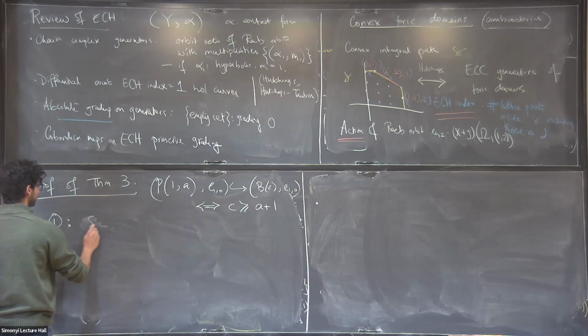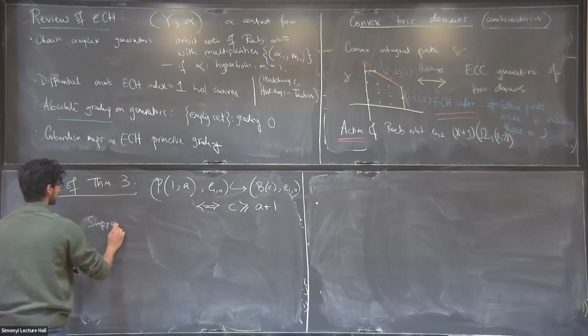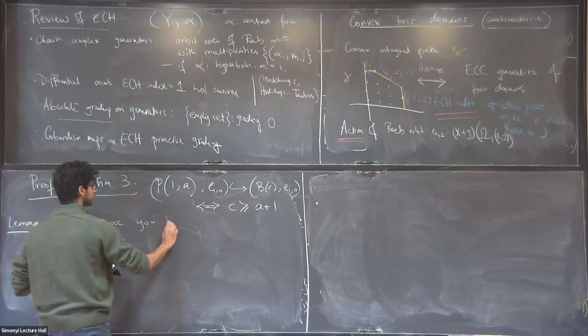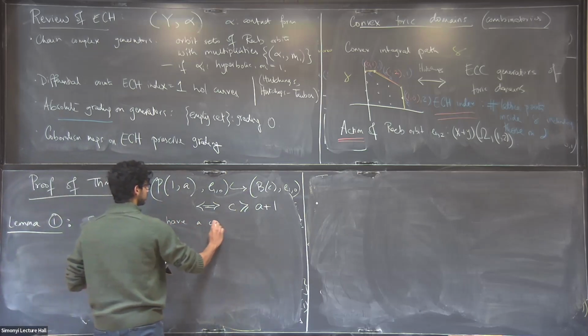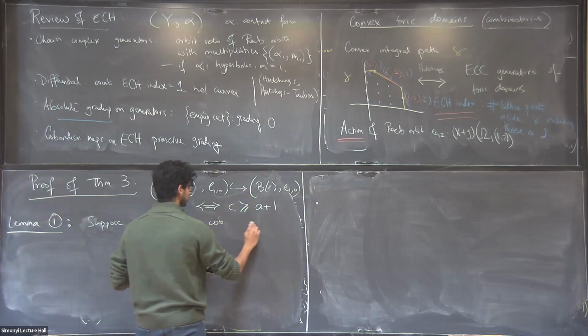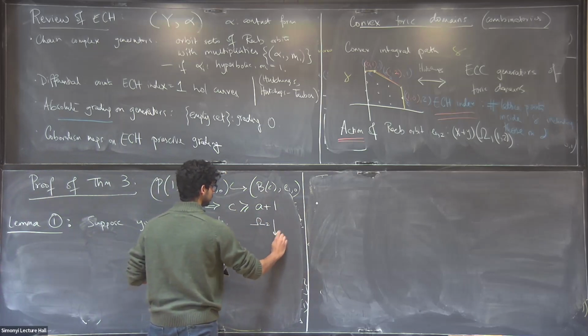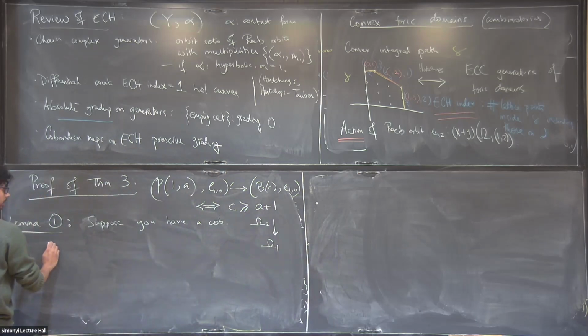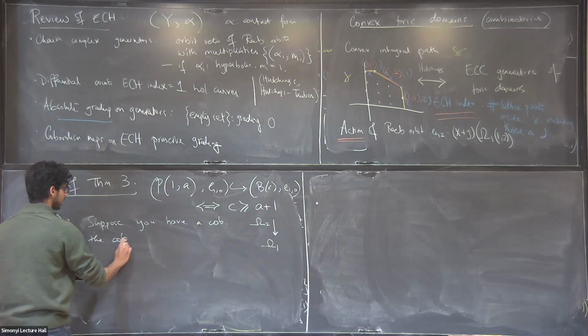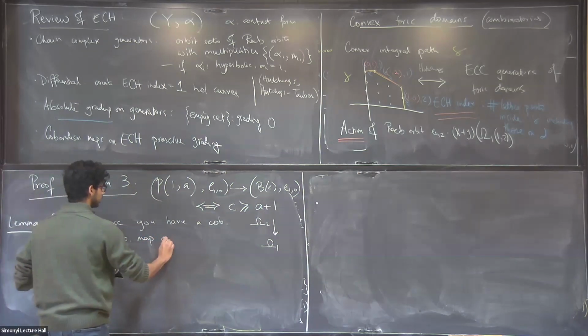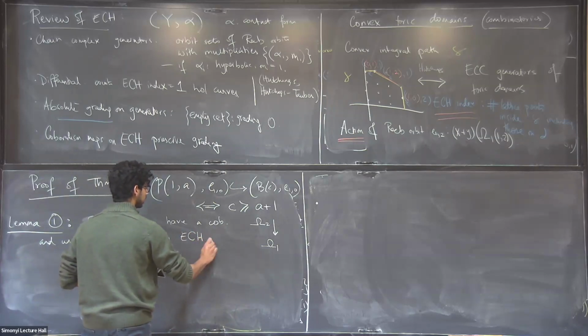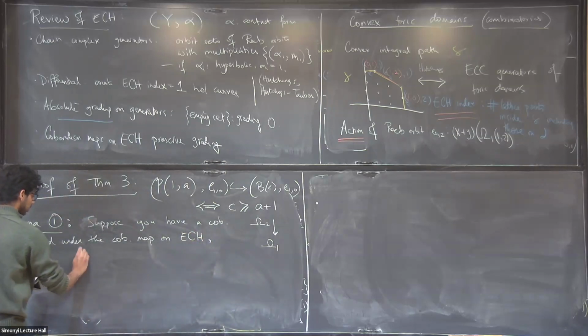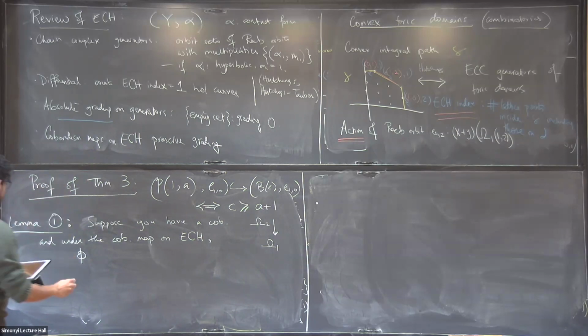So suppose you have the cobordism from omega 2 to omega 1. And under the cobordism map on ECH, you have some combinatorial generator.